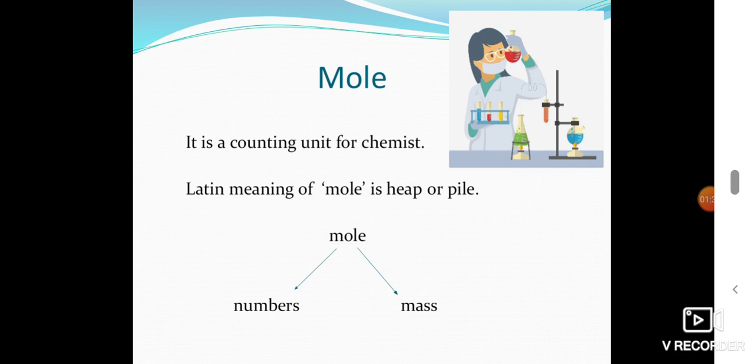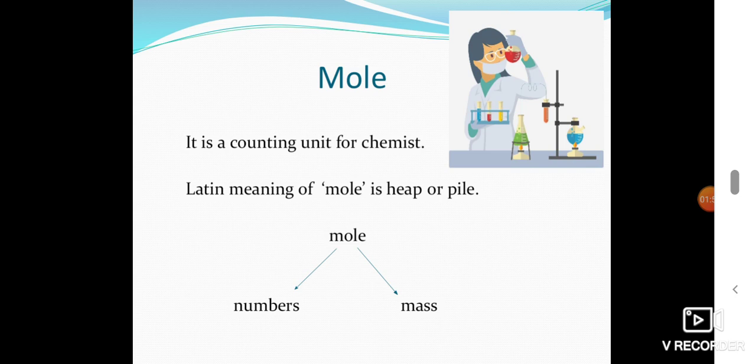The meaning of mole in the Latin language is heap or pile. The meaning of heap is lot of, number of. So here it refers to a lot of substance, a number of substance. So mole is a unit used by chemists, and it refers to a number of, a lot of substance.